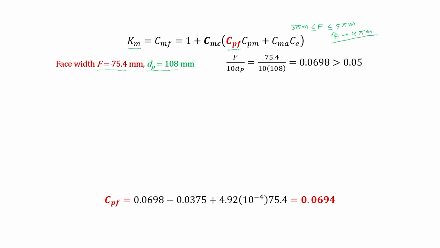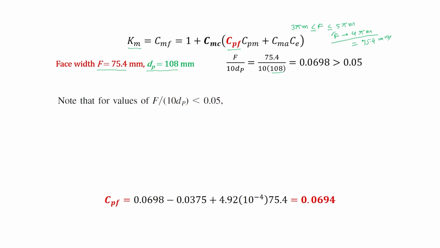So, with this face width corresponding to 4 pi m, substituting m equal to 6, it comes as 75.4 mm. And dp, the pitch circle diameter of the pinion, is 108, so F divided by 10 dp is 0.06, which is greater than 0.05.